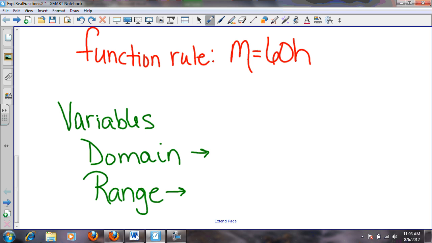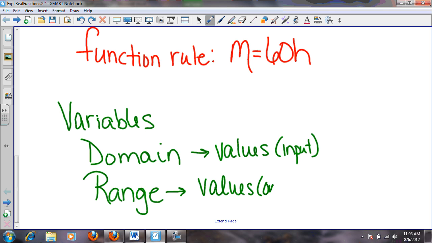Domain is the values for input, and range are going to be the values for output. There is a Khan Academy video listed on this as well that you can look at to challenge yourself when you're looking at domain and range.